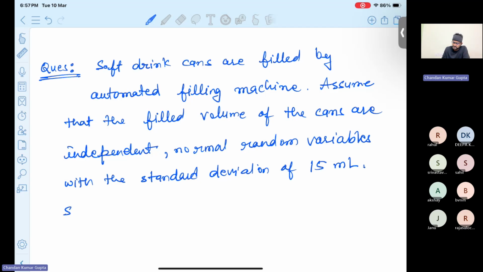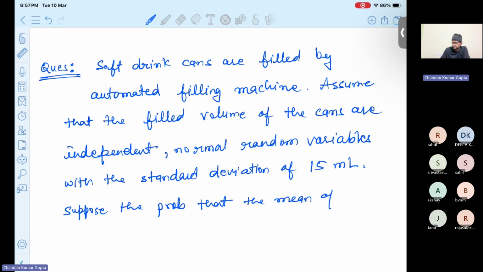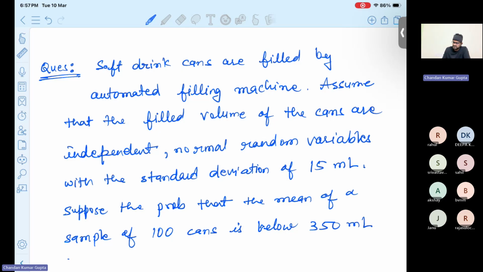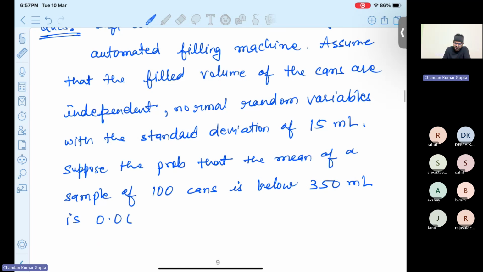Now suppose the probability that the mean of a sample of 100 cans is below 350 ml is 0.005.